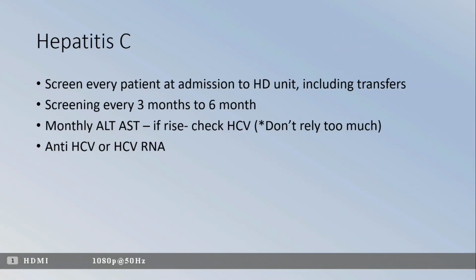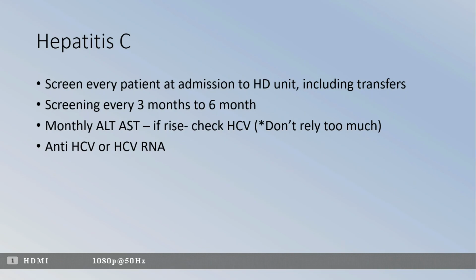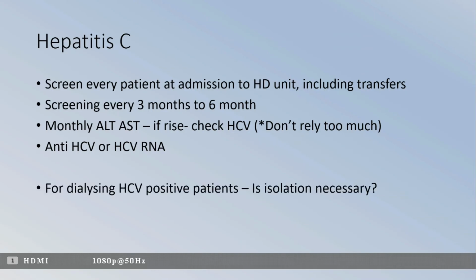You know that ALT and AST levels are very low in hemodialysis, and even with infection, the AST-ALT level may be in the normal range. So we shouldn't be looking at the absolute number, we should be looking at the trend. That's very difficult to do, and as such, it is not very reliable. So maybe, hopefully, in the next 5 years, NAT test for everyone.